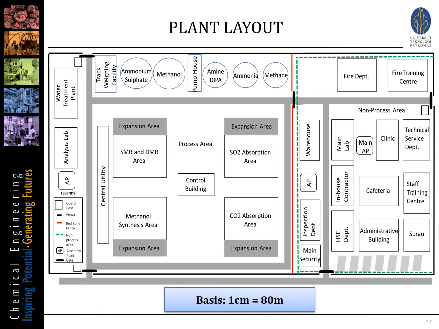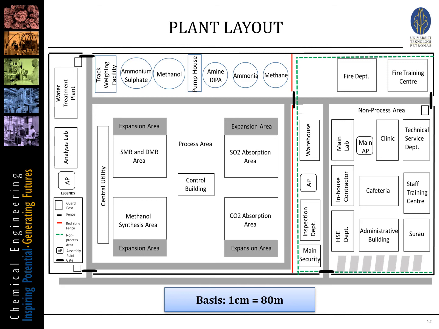The non-process area mainly consists of the administrative building, which, for example, are the Technical Service Department, Main Lab, HSE Department, and many more. Move on to the process area. This area is where the process building, storage, and equipment are located.